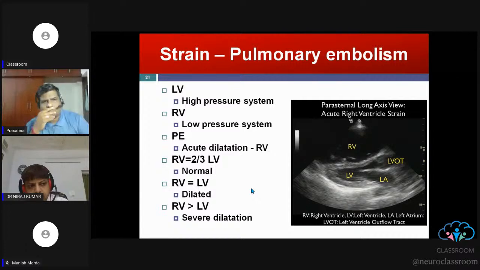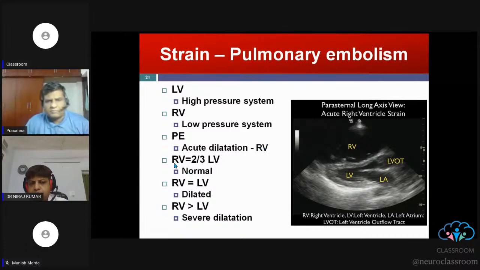So in the third part of the Ross protocol, we are seeing the right ventricular strain pattern, that is the diagnosis of pulmonary embolism. We have to understand the left ventricle is a high pressure system, so the thickness of the left ventricle is more compared to the right ventricle. But in the case of pulmonary embolism, the right ventricle is dilated.